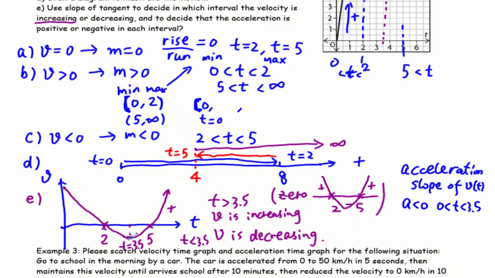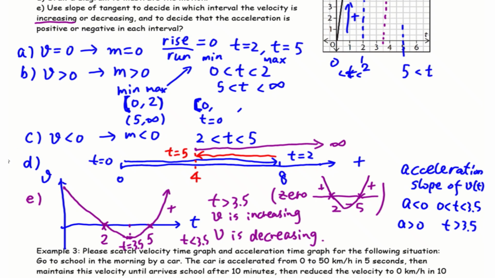In this part, the slope of velocity is 0. The slope of velocity is our acceleration. And a greater than 0, where the slope is positive, is t greater than 3.5. So this is how we determine negative or positive.